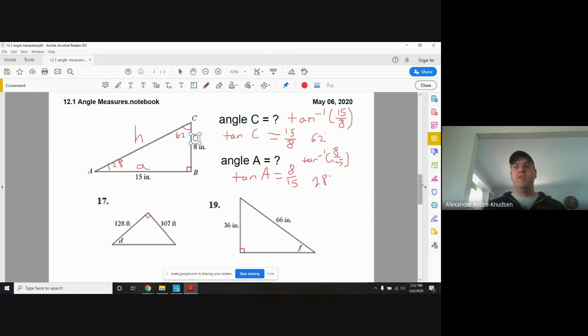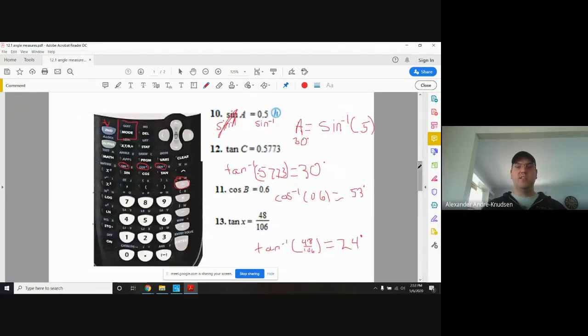Works out. You may have also noticed that when you're using your inverse tangent, there's a fraction, and this fraction is bigger than 1. But up here, if you go back to these examples, all of our inverse sine and inverse cosine functions are less than 1. They're all fractions.